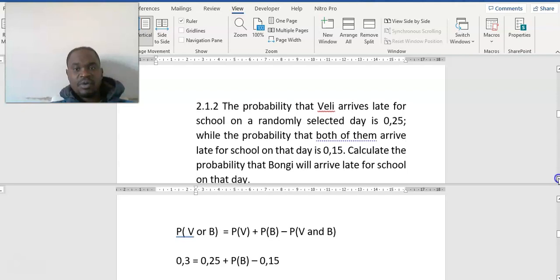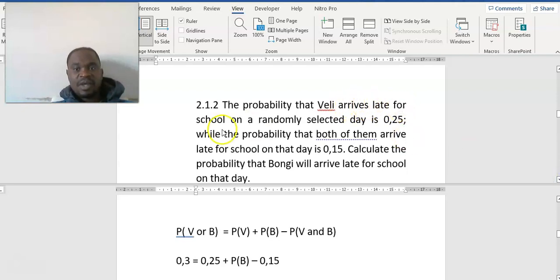The probability that Bongani will come to school late was not given. That is what they want us to find. Then minus the probability that both of them will come to school late. It's also given here, 0.15.